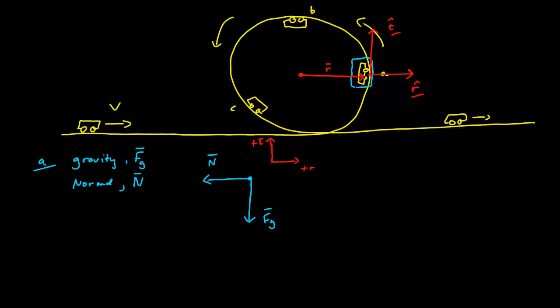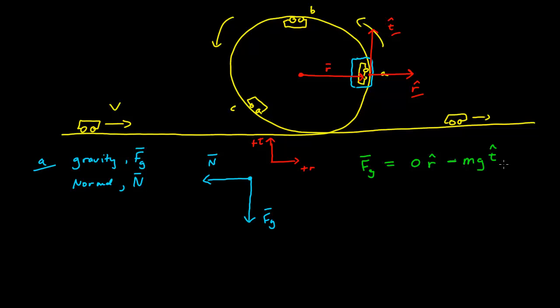All right, so let's do that. Let's vector sum my forces. There's the force due to gravity. It has 0 component on the r-axis, and it has its entire magnitude, mass of the car times g, along the tangential axis. Given that the tangential axis is up, the component of the gravitational force is down.